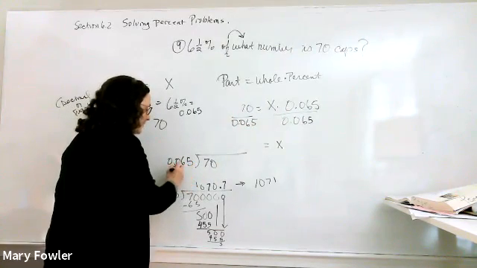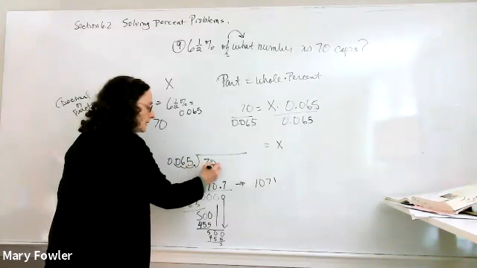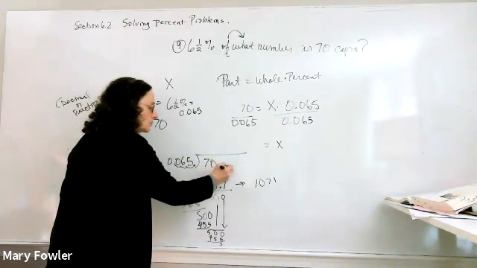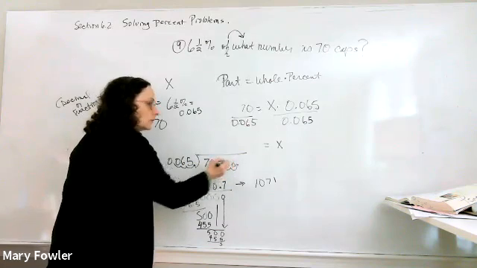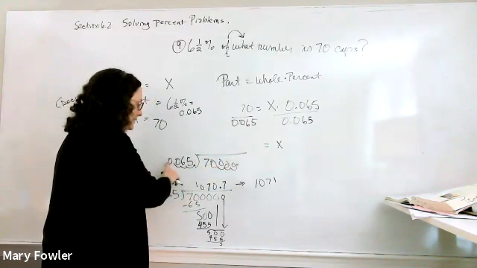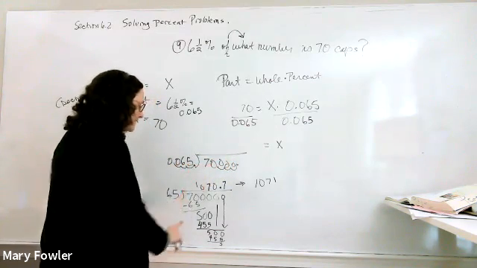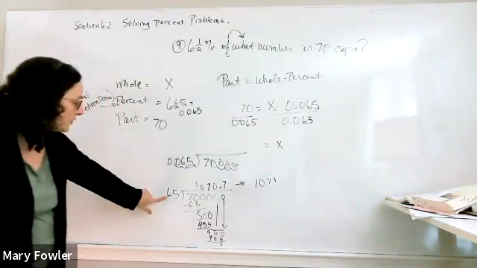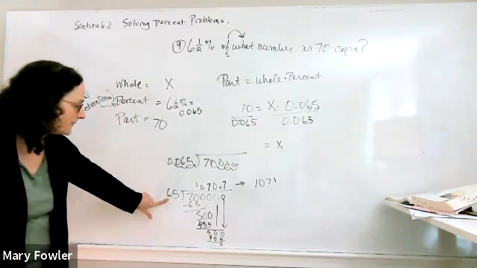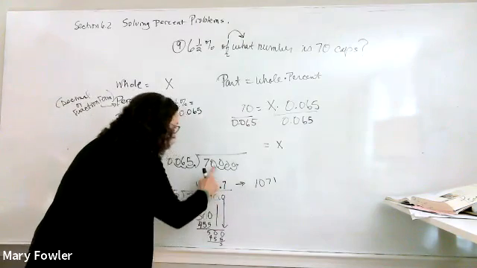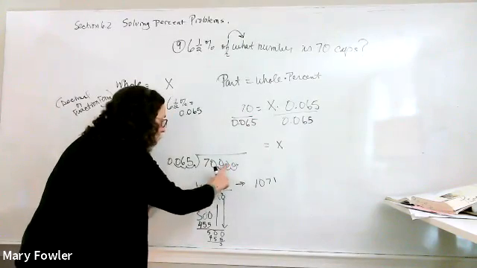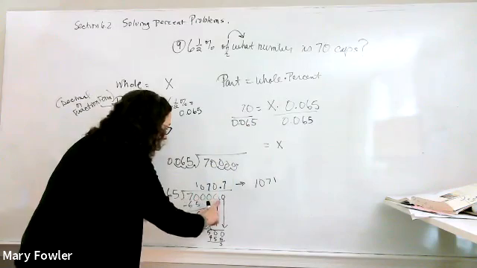So 3 jumps here, 1, 2, 3, and 3 jumps there. So the 0.065 into 70 is, in order to do it, we work on 65 into 70 with 4 zeros, 1, 2, 3, 4.